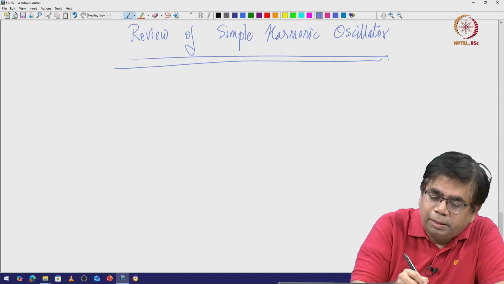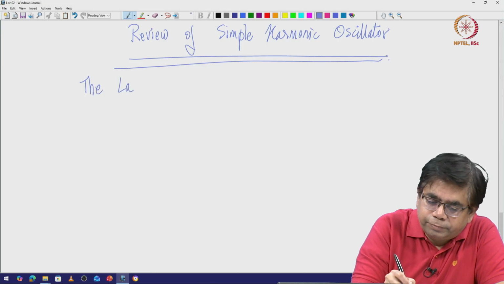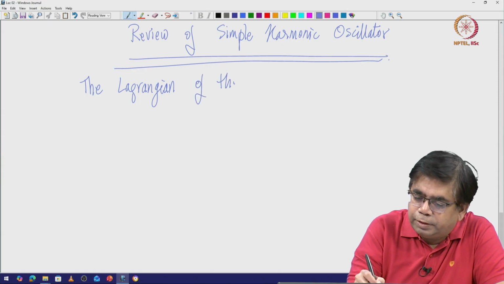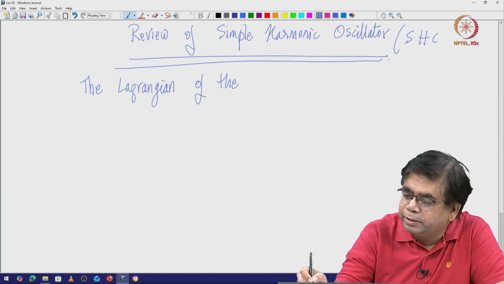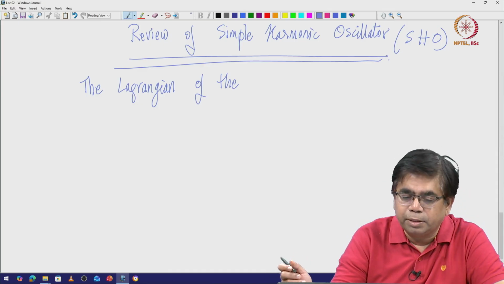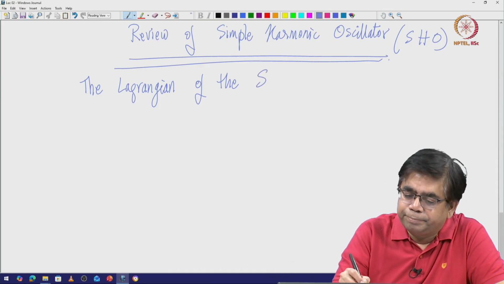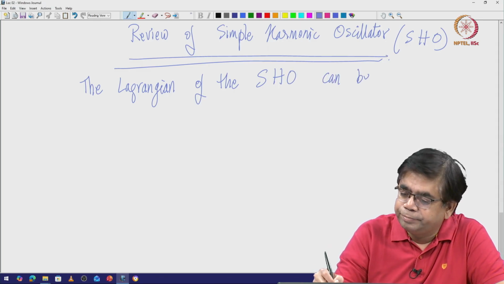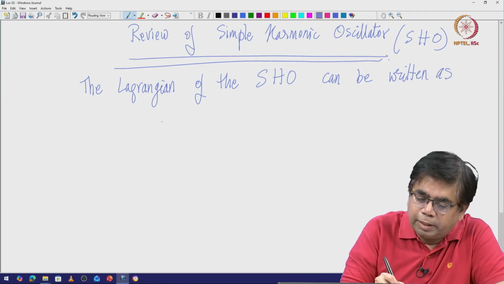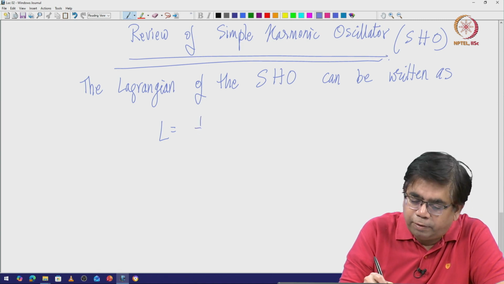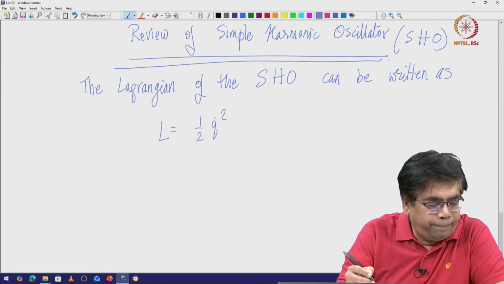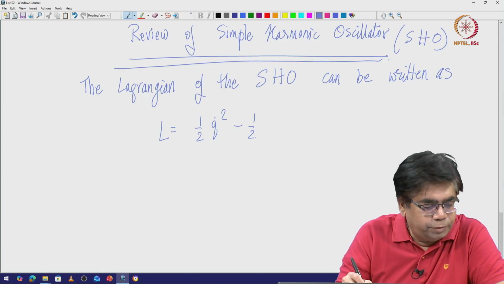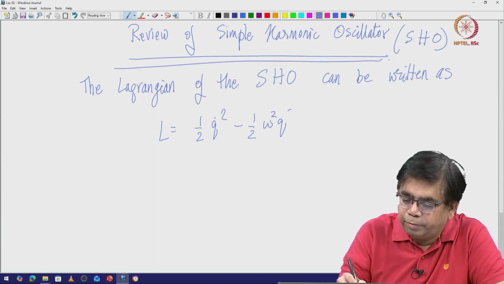So, the Lagrangian of the simple harmonic oscillator, sometimes I keep calling it SHO, can be written as L is equal to half q dot square minus half omega square q square.